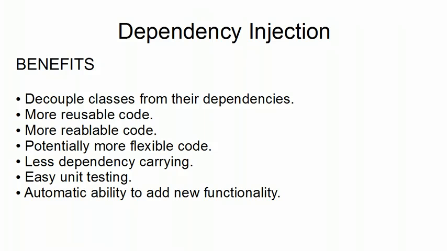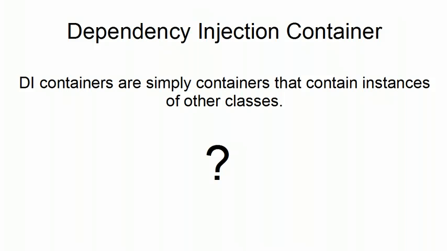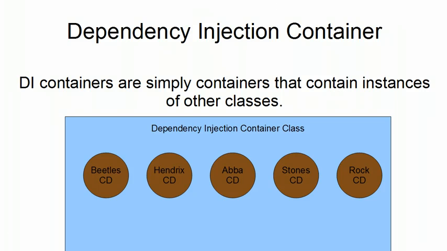So now that we've covered dependency injection, let's look at a slightly more advanced use of it. Dependency injection containers are basically a class which contains other classes. And rather than injecting individual classes, you would inject the container. So in our example here, we have a container which contains a whole bunch of CDs.